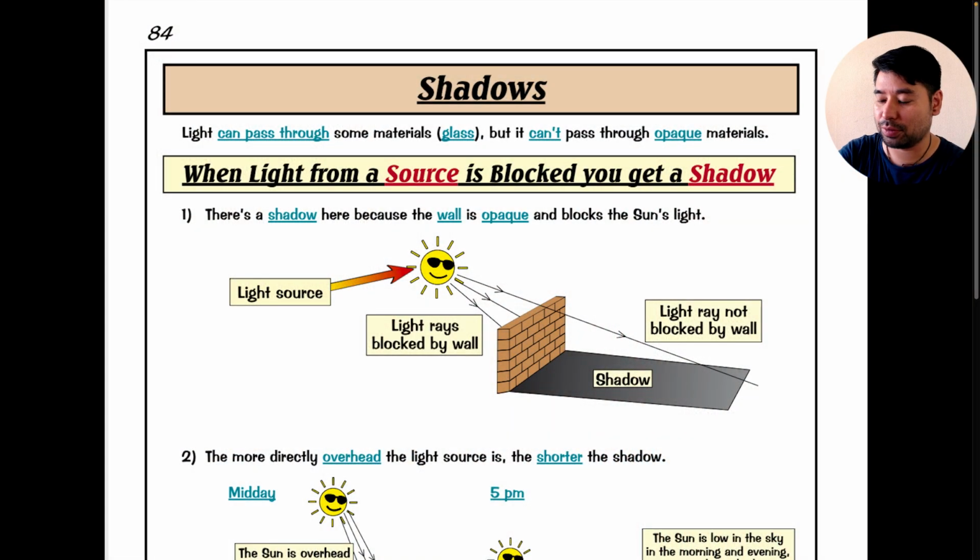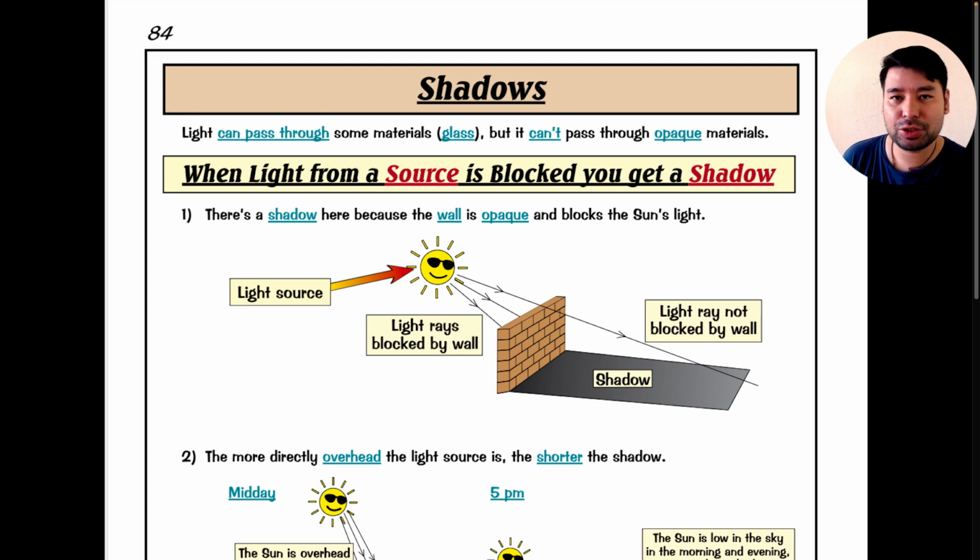I'm gonna share my screen here with you. Give me just a second. I guess you can see this page here. So follow me, and shadows. Light can pass through some materials, for example glass, but it can't pass through opaque materials.